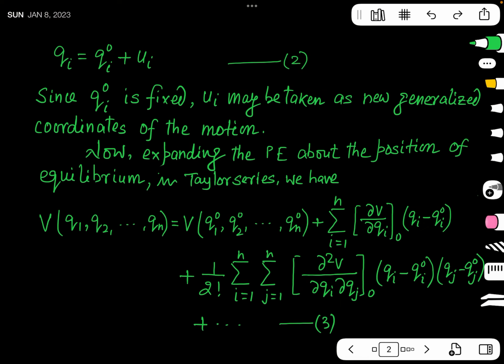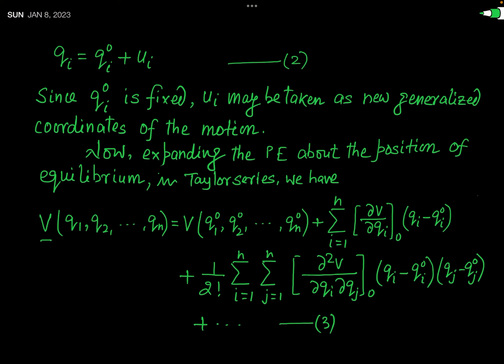So when we expand this potential energy function V, which is a function of q1, q2, and so on up to qn, about the equilibrium position, which has been defined by qi0, that is, the equilibrium position is designated by the coordinates q10, q20 and qn0. So when this V is expanded in a Taylor series about the equilibrium position, what will be that expansion?